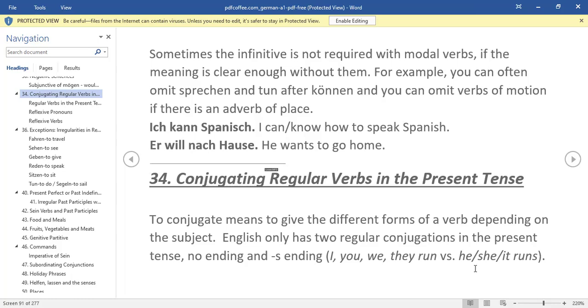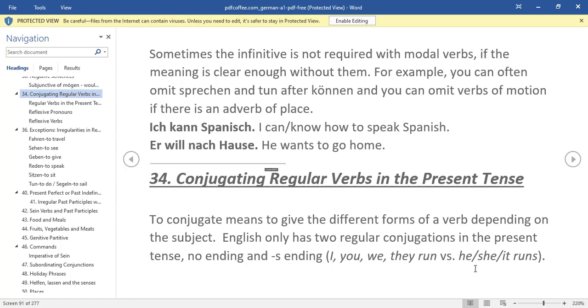Then we go to er, which means he. Then we have sie, S-I-E. Er is E-R. Then we have sie, small s-I-E, which means she. Then we have es, E-S, which means it in English.